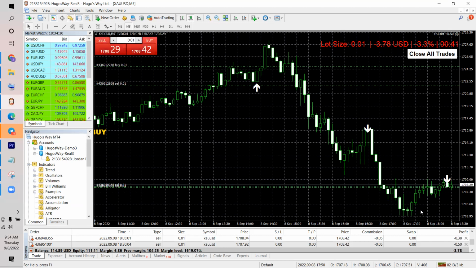If we are able to move forward and understand that this pair moves the way that we want to, at the speed that we want to, then that is the period of time that we want to trade. Because there are, again, 24 hours in a day, 24 hours of 5 days a week that this particular market is open. And some periods are going to be faster, and some other periods are going to be slower.